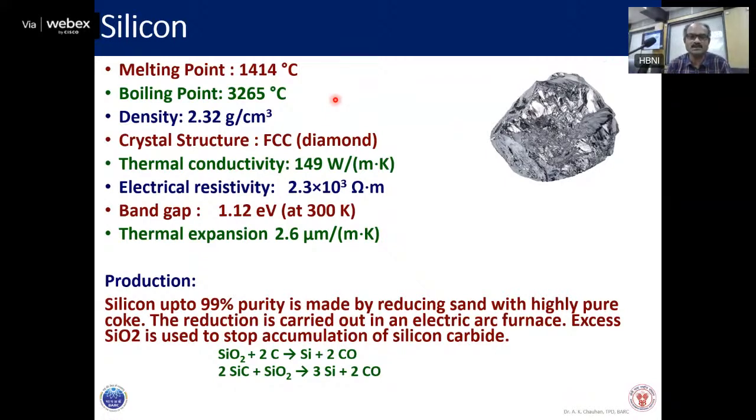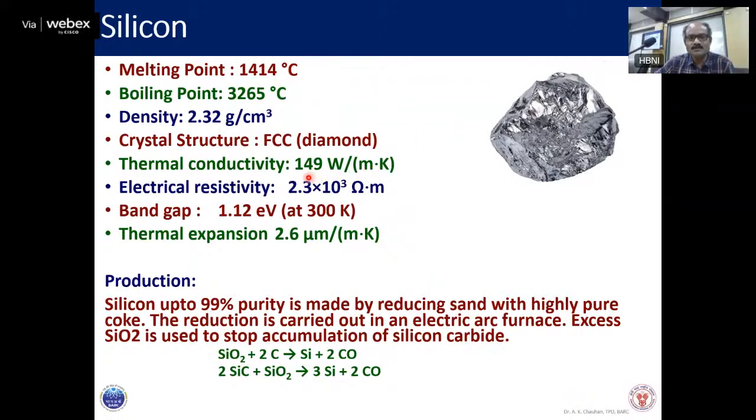That is the FCC structure, in fact two FCC structures interpenetrating each other diagonally at 1/4, 1/4, 1/4 a, where a is the lattice parameter of that cubic structure.